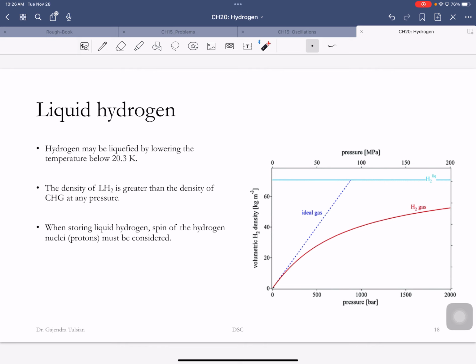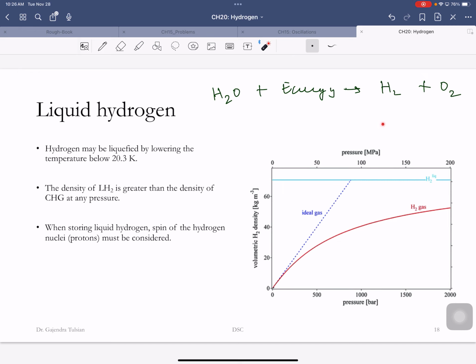Now, to make hydrogen liquid, you have to cool it to 20.3 degrees Kelvin. That's very cold, and you're spending energy doing that. What you're trying to do is, you produced hydrogen, so this is your earnings, this is the energy you've stored.